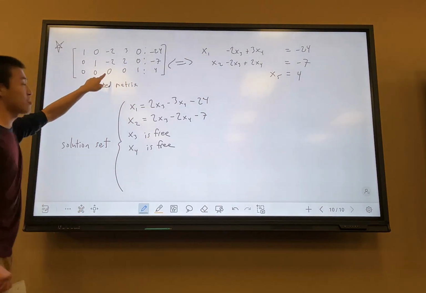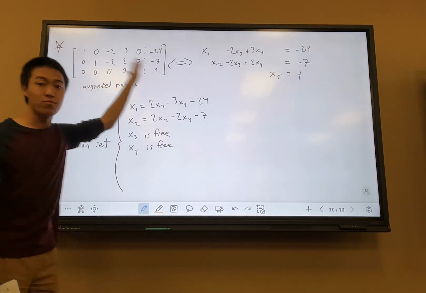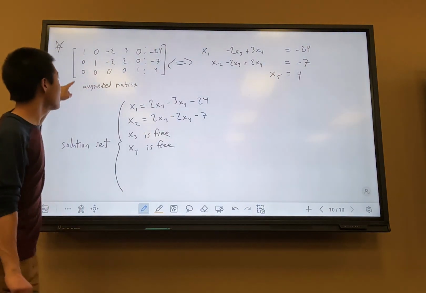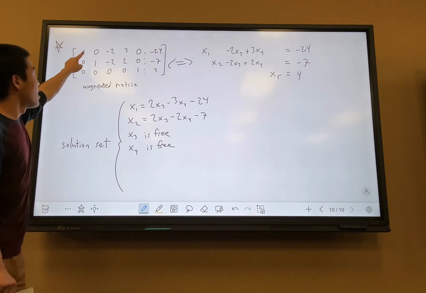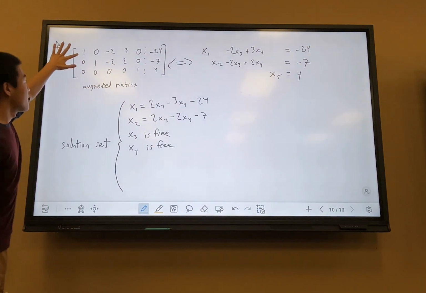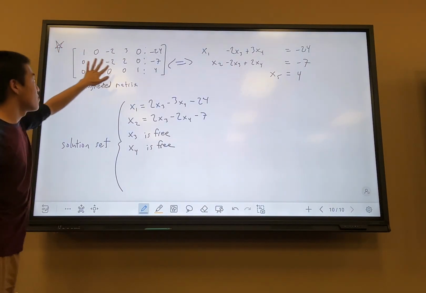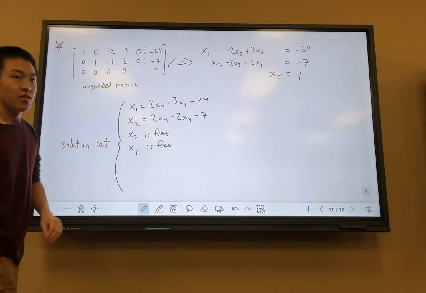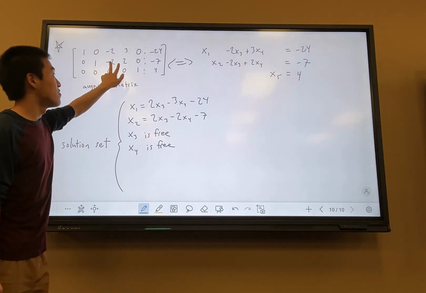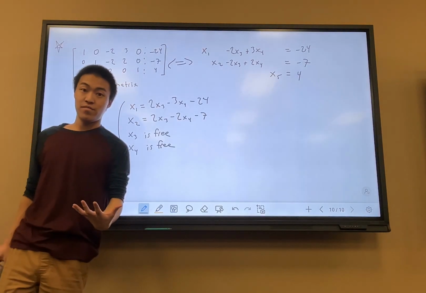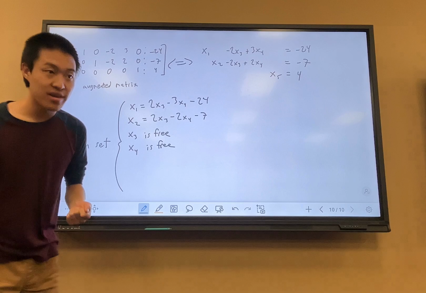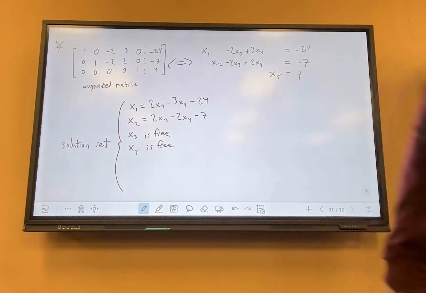So when I look at this augmented matrix, when it's been row reduced completely, my leading terms fall on the x1 variable, the x2 variable, and the x5 variable, which means that my other variables are going to be free. So that is a more concrete way that you can determine that.